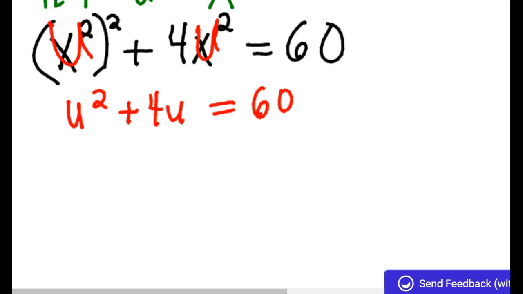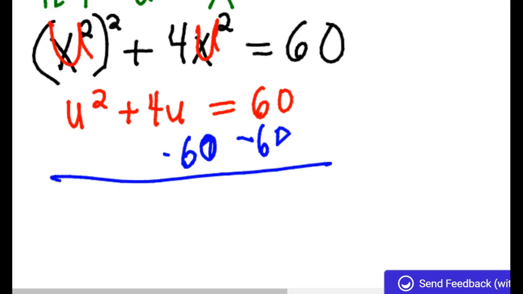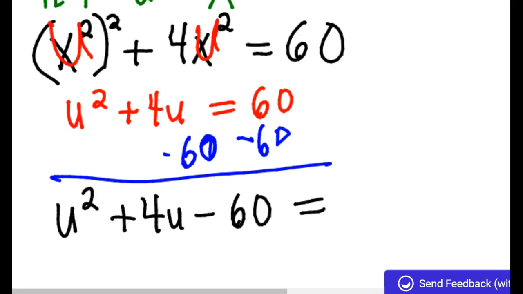So I need to subtract 60 from both sides, and we end up with u squared plus 4u minus 60 equals 0. Now we'll solve this quadratic.